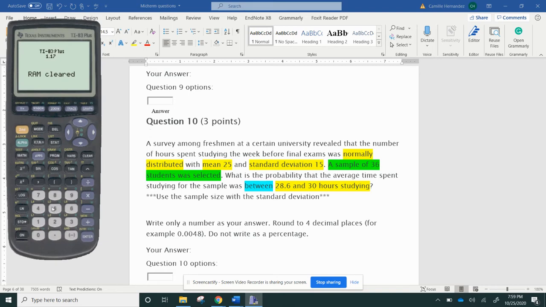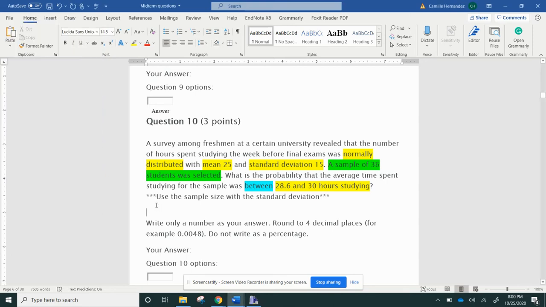So I'm going to do 15 divided by the square root of 36, and then I get 2.5. Okay, so now my new standard deviation is 2.5.